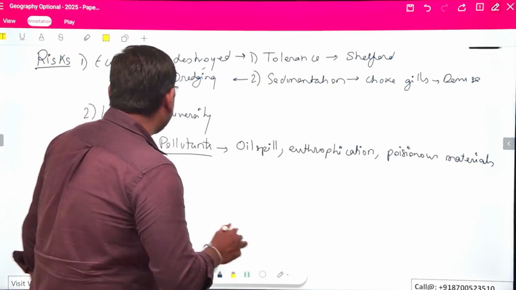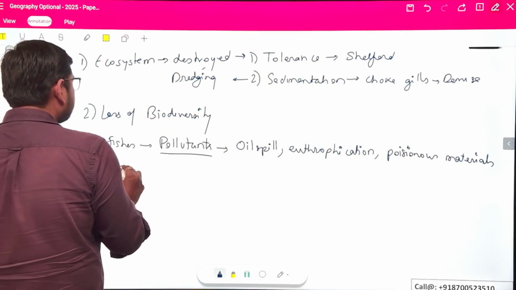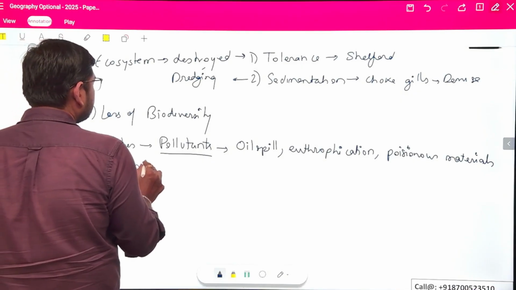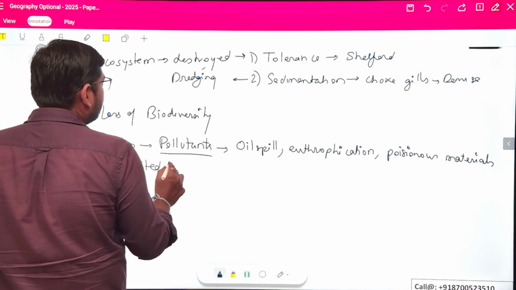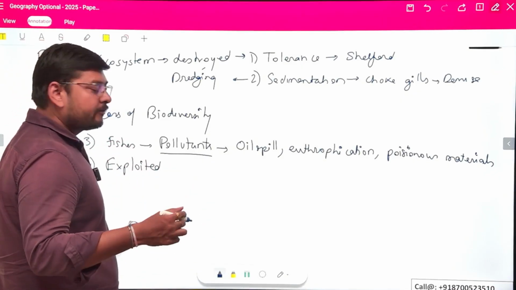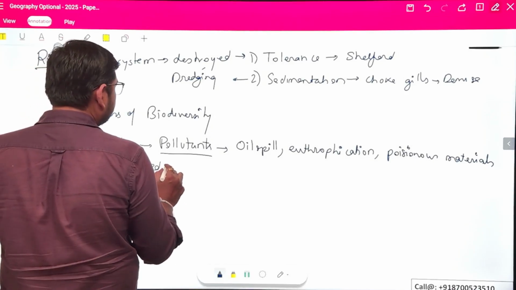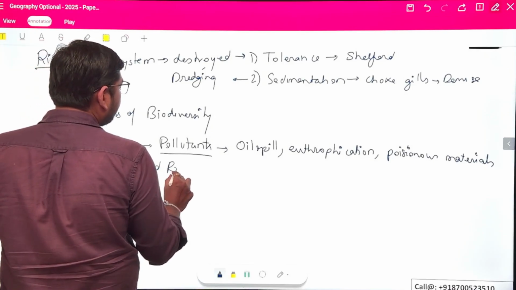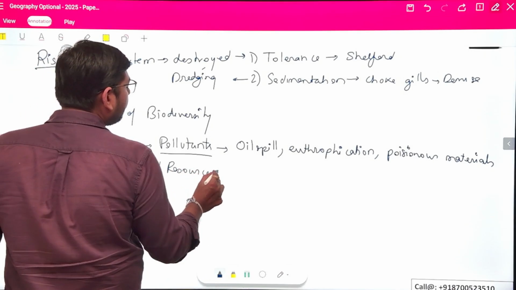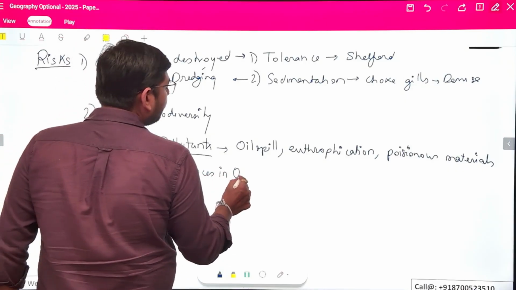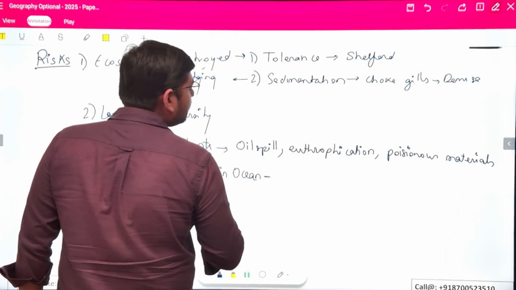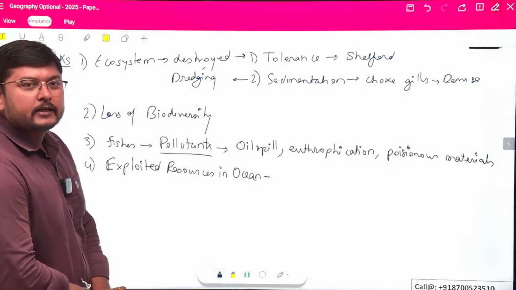Now, the number 4 thing we'll be looking at is how we have extracted or exploited the resources on land. The same thing will happen inside the ocean. So there will be resource exploitation inside the ocean also.